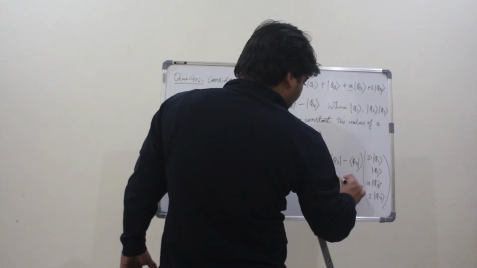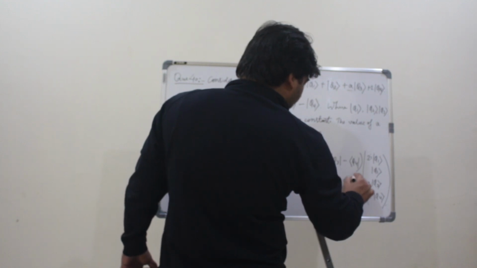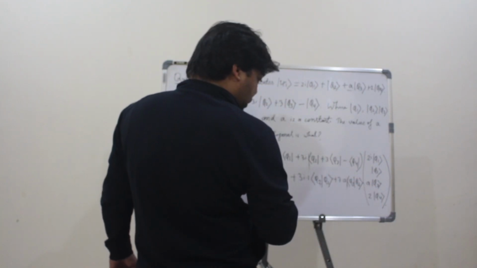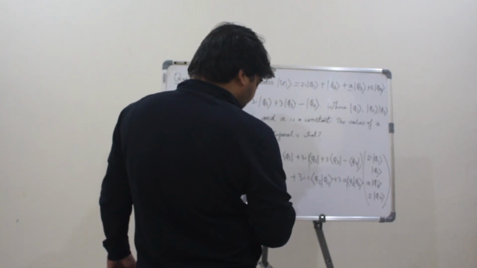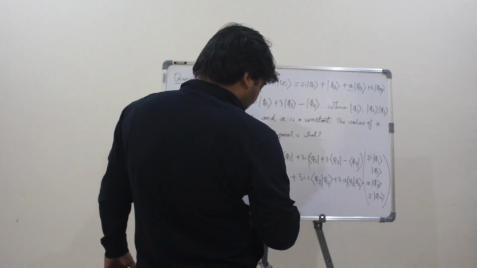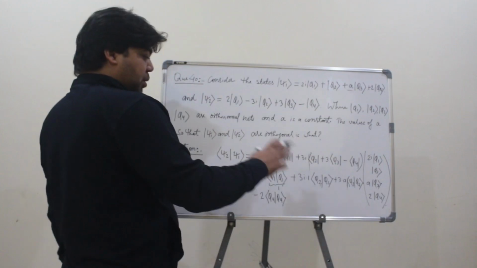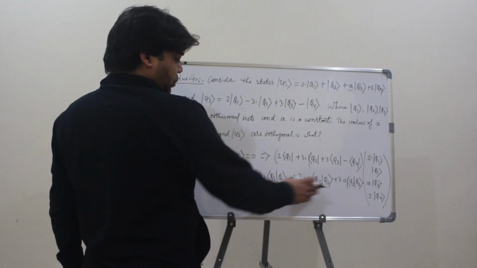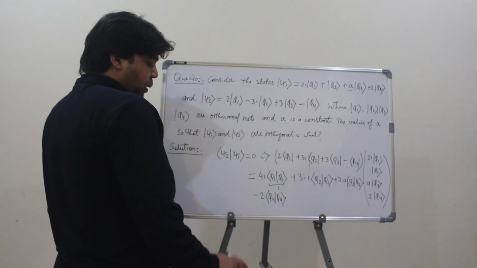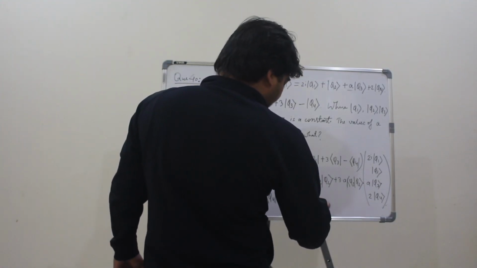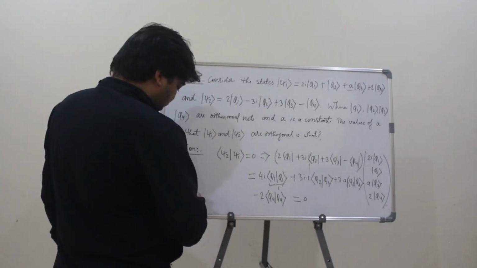Plus 3A, phi 3 phi 3, minus 2. So this is what we have got, and remember that this is 0. Now just simplify it.